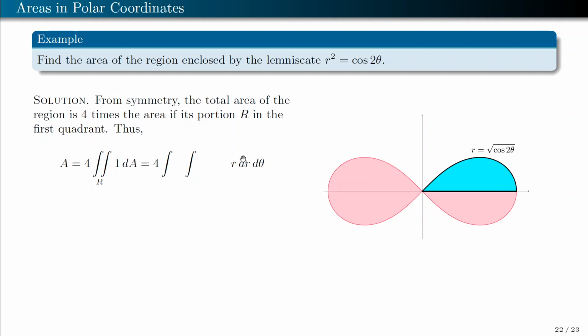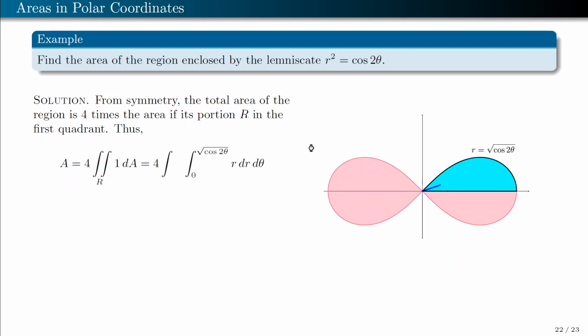Setting up the bounds for r, try to imagine or draw strips from the origin to our region. From the origin, we're already inside the region, so the lower bound for r is 0. From r equals 0, the last thing we hit, our outer curve, is r equals square root of cosine 2 theta, the lemniscate. That's our upper bound.